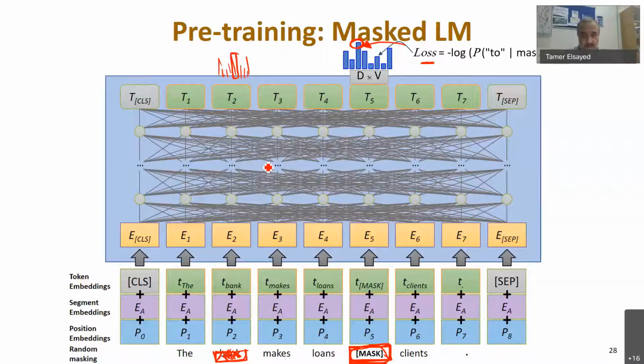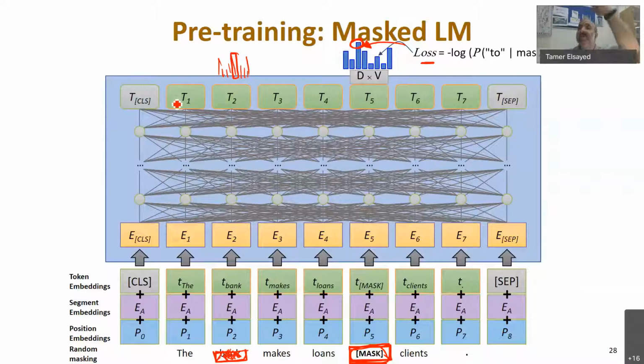Sorry, Doctor, but just to clarify, the output here is embeddings, like a matrix. Then we will use the loss function to get the probability. Yes, there is an output. Let me clarify one thing. I said earlier that whenever we say embeddings, that's the output of the last hidden layer.